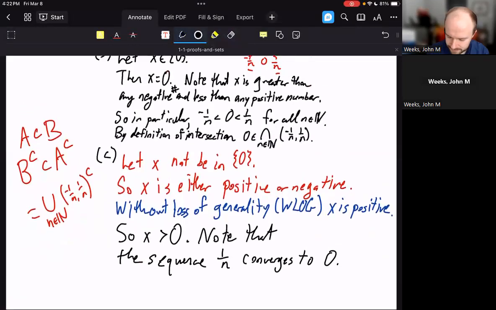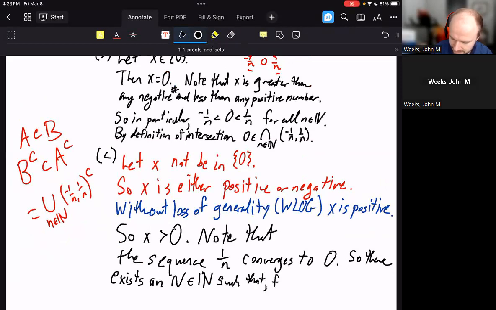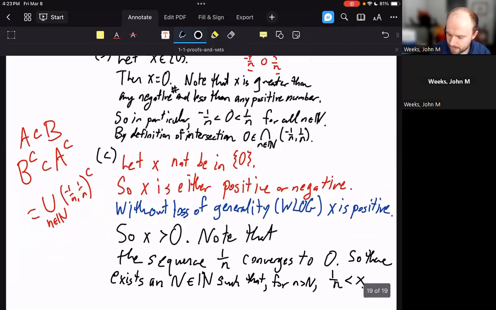That means there exists a value of n in the natural numbers such that for n greater than n, 1 over n is actually less than x. Because here I'm choosing x to kind of be in my place of what a normal epsilon would be for a sequence.